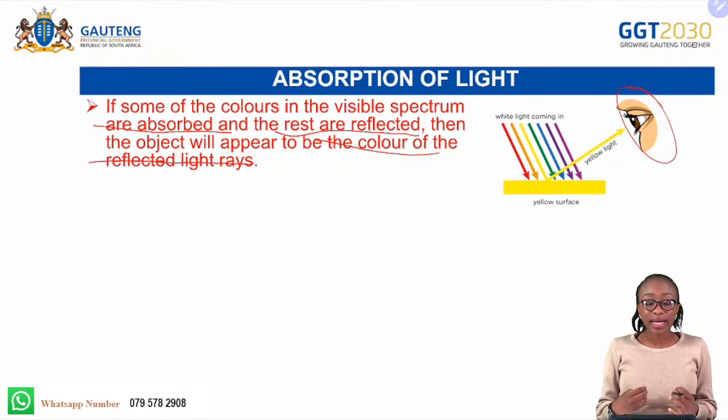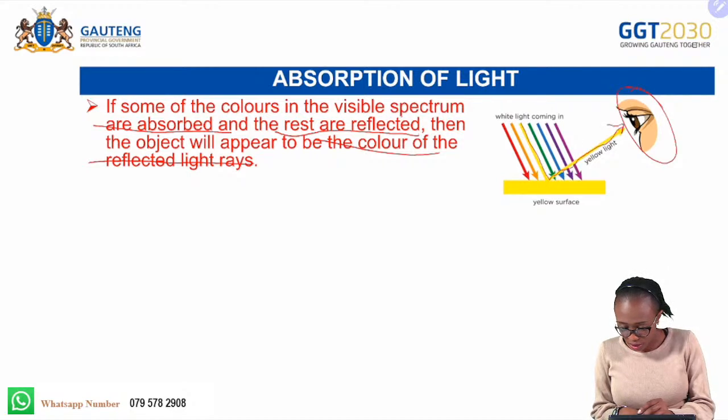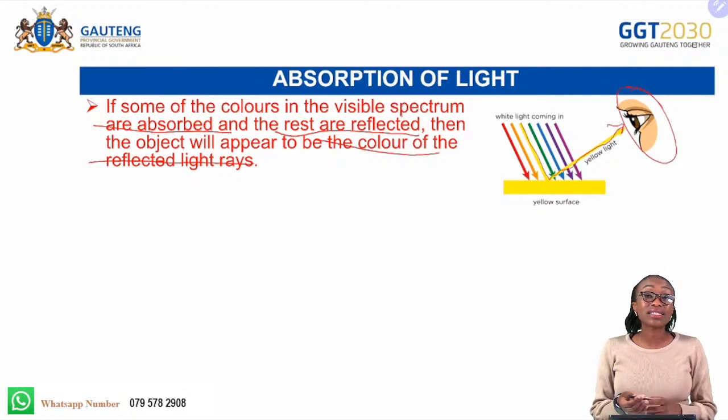They are seeing the color yellow because the color yellow is the light that is being reflected. It's the light ray that is being reflected, whereas the other 6 are being absorbed by the surface. So we are able to see the color yellow. It is being reflected while the others are being absorbed by the surface.